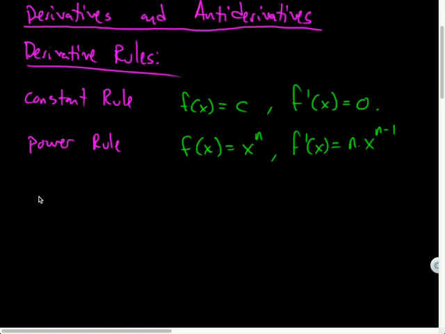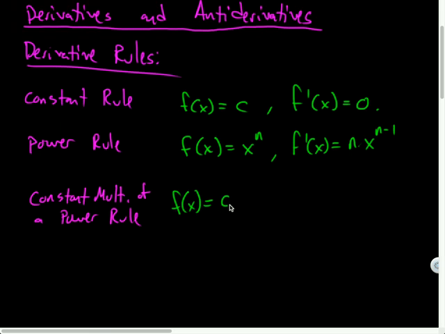Then this is the constant multiple of a power rule. Of course. Where it kind of combines these two things a little bit. And what if my original function was equal to c times x to the n?